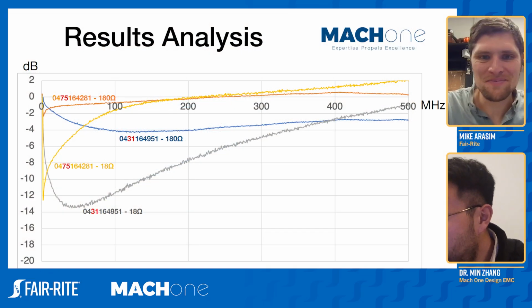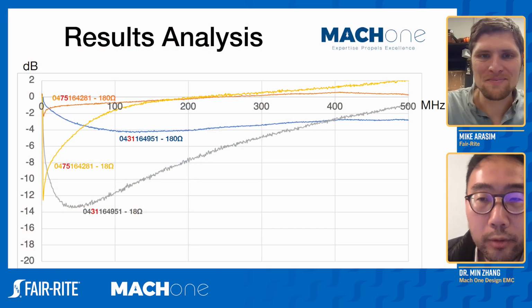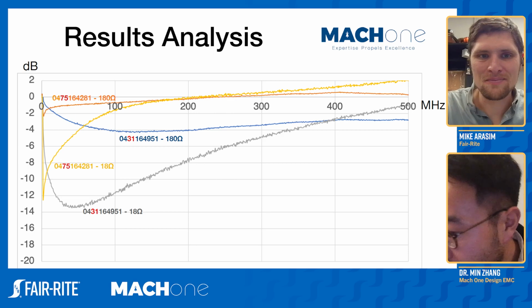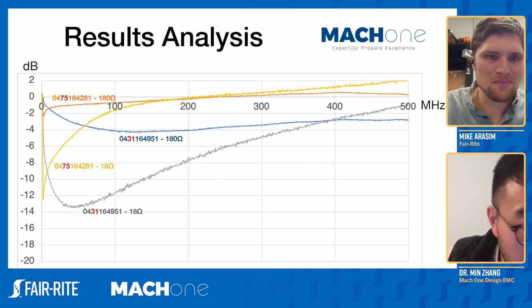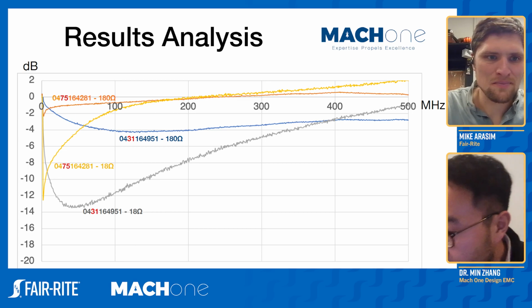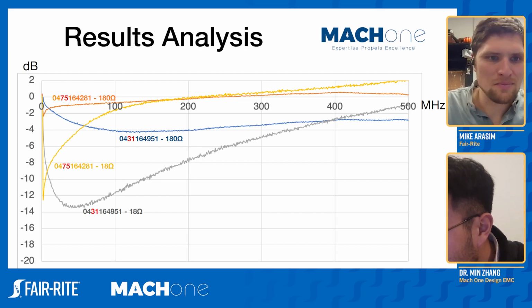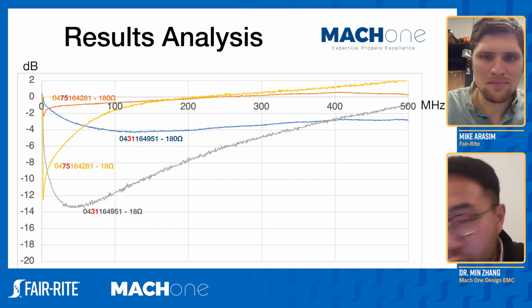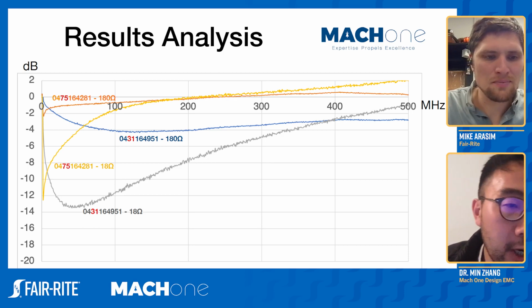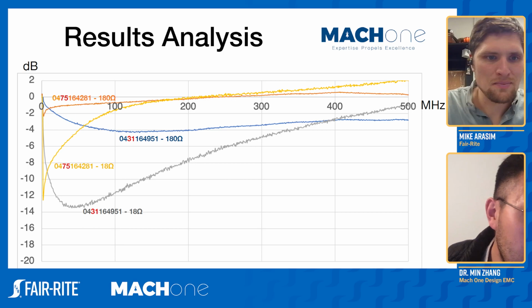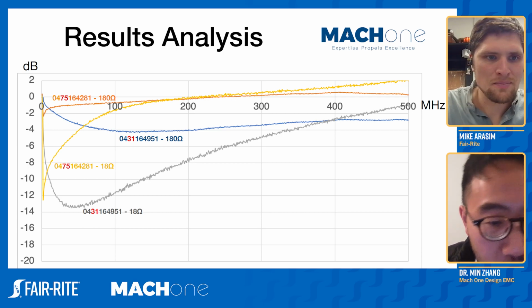Okay, so now with that set up, here I present some results. I'll just quickly explain. You can see I marked each curve with the ferrite core part number, and I also highlight whether it is tested on the low impedance channel or the high impedance channel.